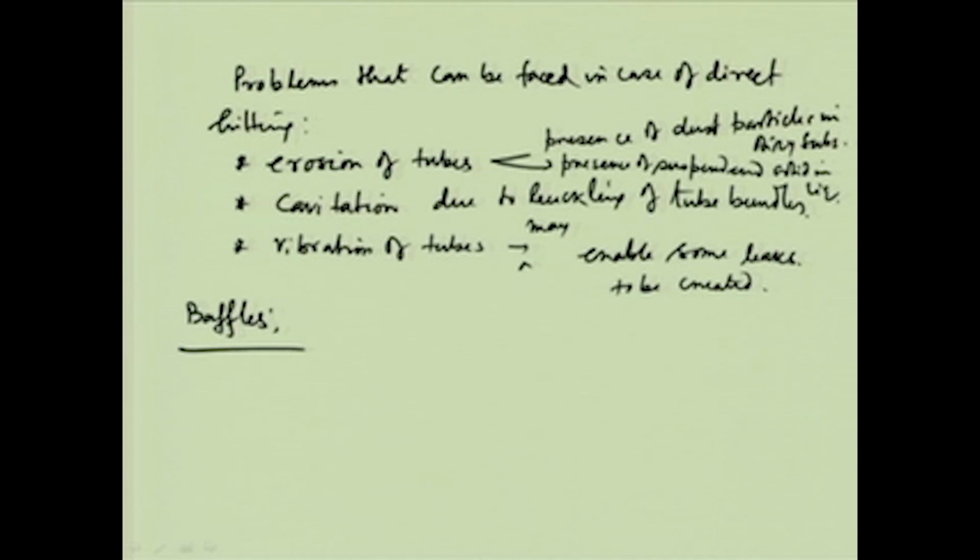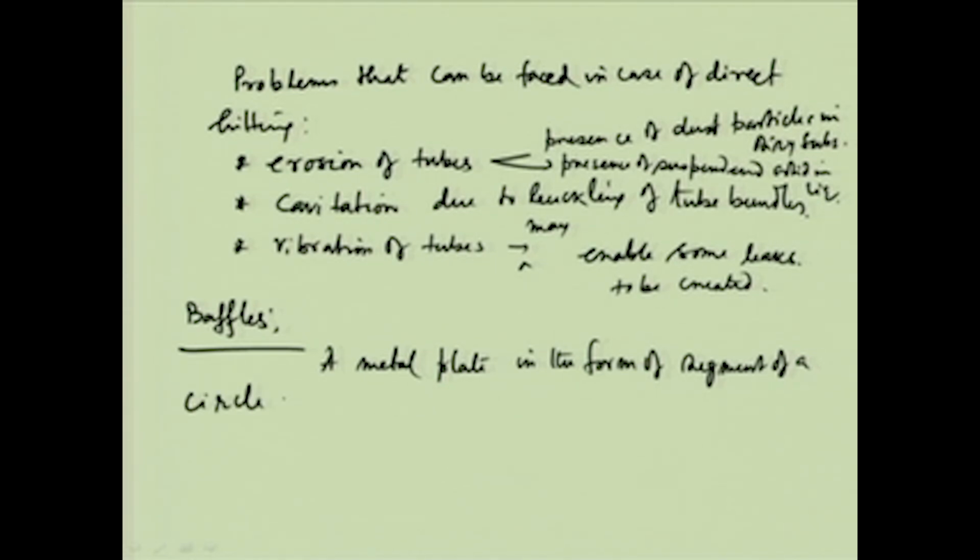Okay. Then the most important part of this heat exchanger is the baffles. As you understand, a baffle is nothing but a metal plate in the form of a segment of a circle, with necessary holes to accommodate tubes.